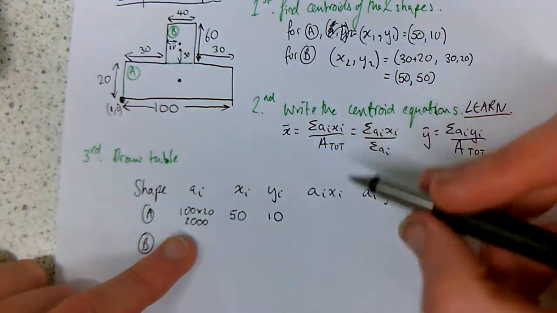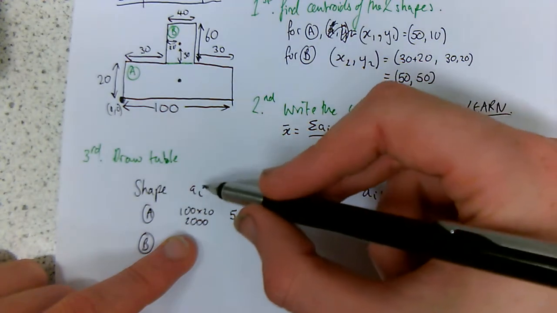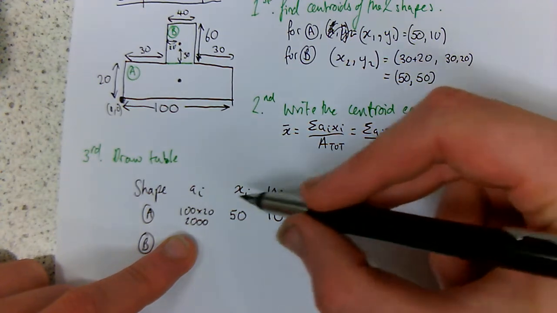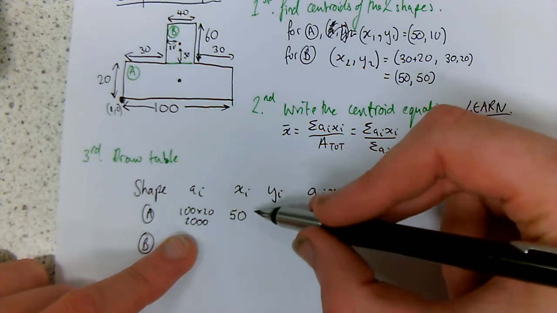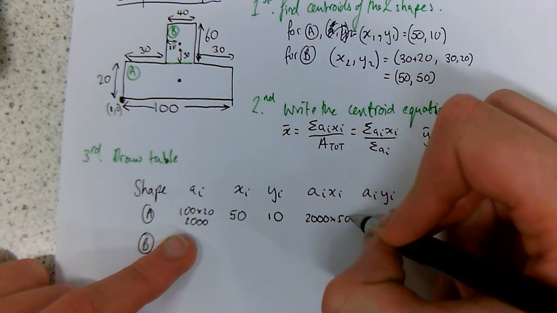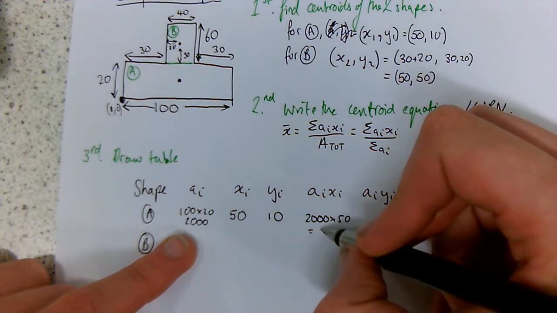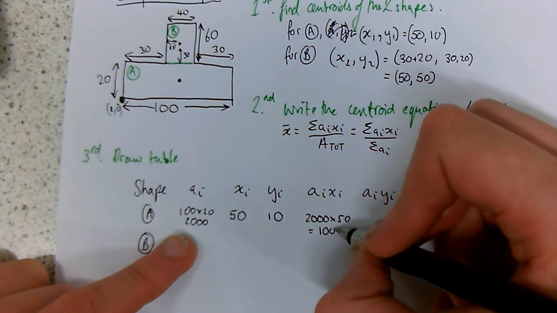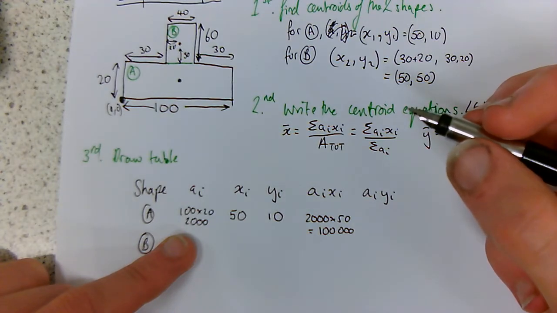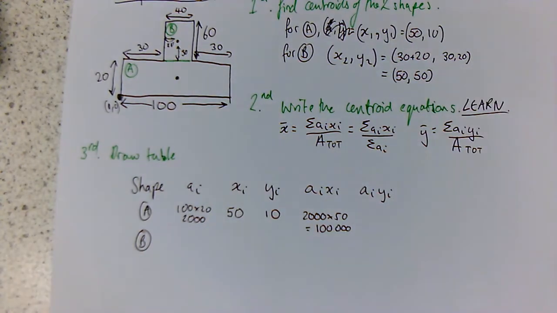Then what we must do is this column is the area of A, times the x of A. So we can look at the area in this row, and the x in this row. We've got 2000 times 50, should be 100,000. Need to double check that one in the calculator. 100,000.